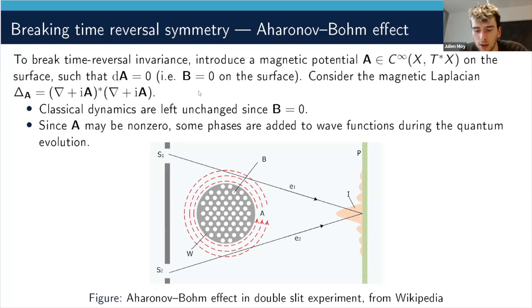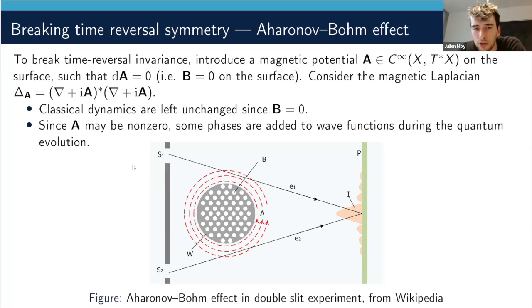This effect is called the Aharonov-Bohm effect in physics, and I found this nice picture on Wikipedia, which explains what may happen. What it represents is a double slit experiment, but one introduces a magnetic field near the slits. And here, the classical trajectories of electrons do not meet the region where B is non-vanishing.